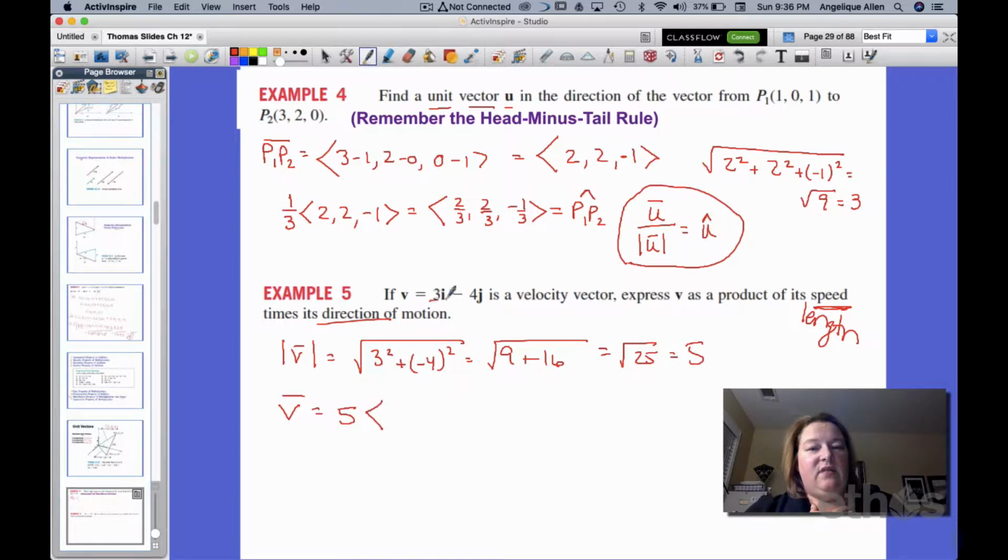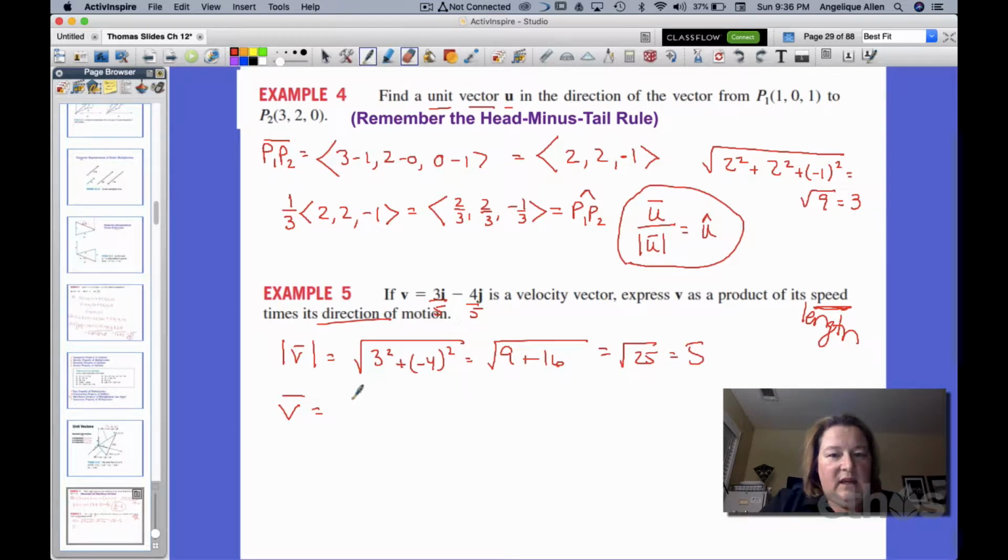So we simply have to divide the speed out of it, and what's left behind is the unit vector. I did the component form and then I started to do IJ form. Don't mix them together. That's bad. So let's erase that. Good for me to make this mistake so you won't make it.